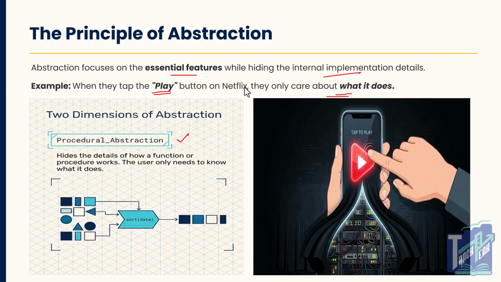He taps the play button, and he only cares about what functionality it is going to perform. But how this process is carried out, or what functionalities are used, the user doesn't care. This is called procedural abstraction.